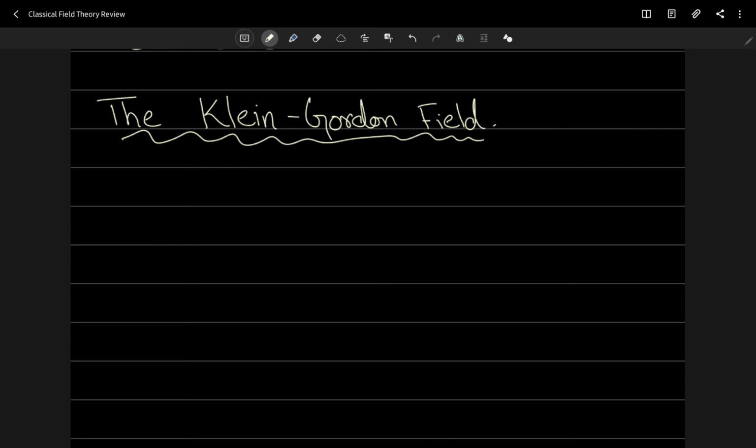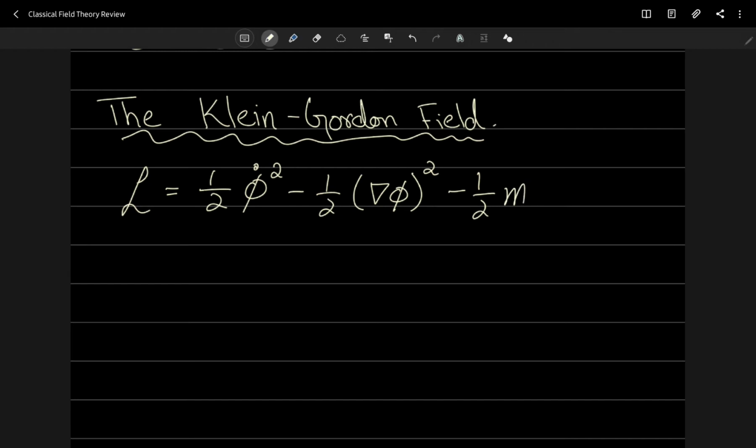For this, the Lagrangian density is L equals 1/2 phi dot squared minus 1/2 (gradient of phi) squared minus 1/2 m squared phi squared. So that's the Lagrangian density for the Klein-Gordon field.